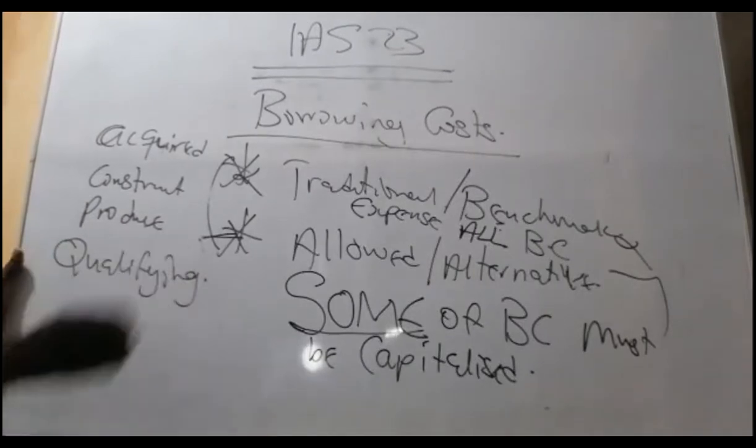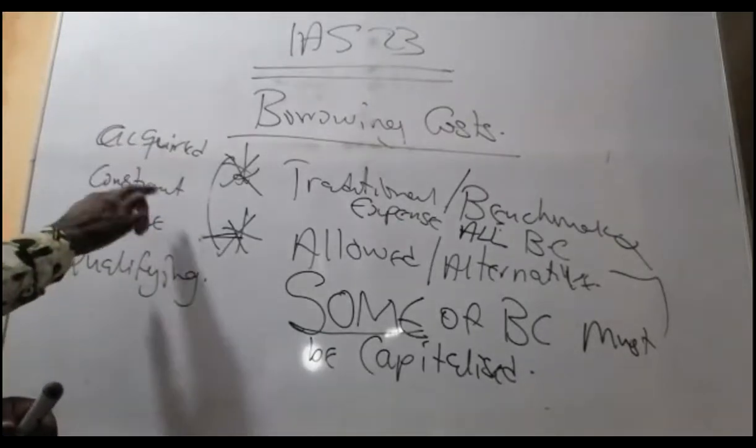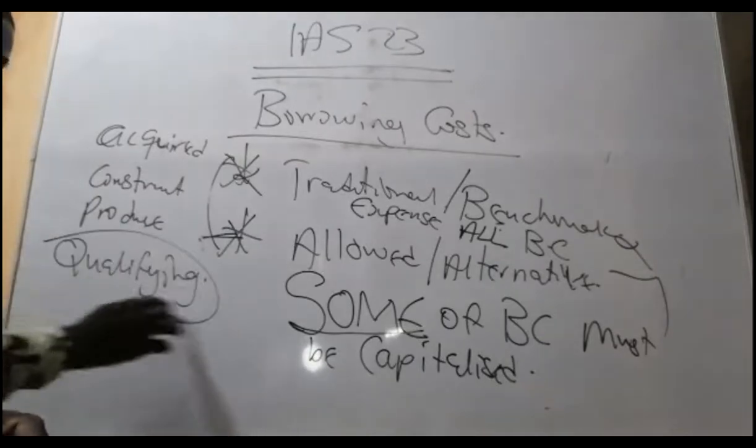Qualifying assets. That's it. So any loan or facility that you secure to acquire, to construct, or to produce qualifying assets, you are done. And likewise, what are qualifying assets?